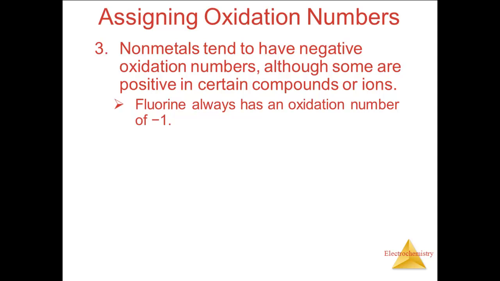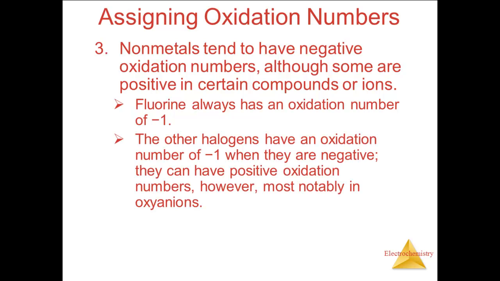Since fluorine is the most electronegative element, it will always have an oxidation number of -1 in compounds. Other halogens are -1 when they are the monatomic negative ion, but will often be positive in other compounds, particularly if they are in an oxyanion.